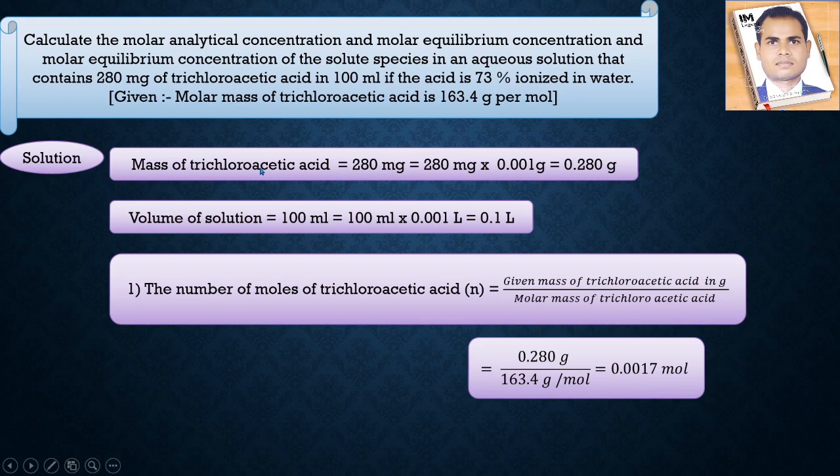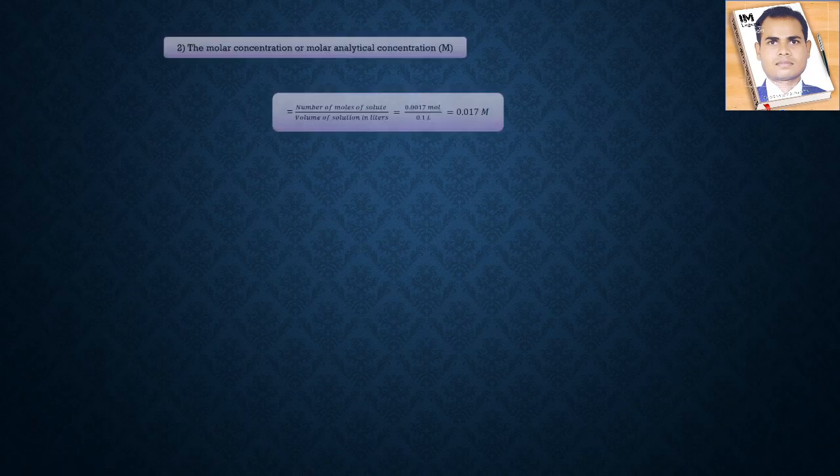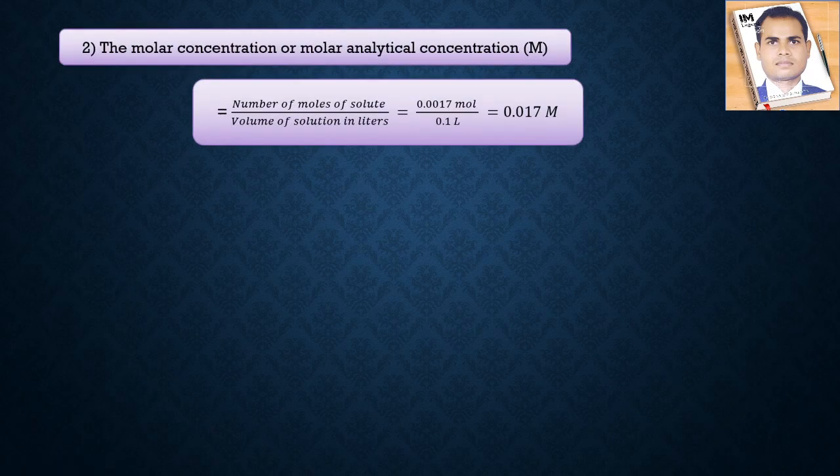So the mass of trichloroacetic acid is 0.280 gram, and the molar mass is 163.4 gram per mole. So after calculation you will get 0.0017 mole.